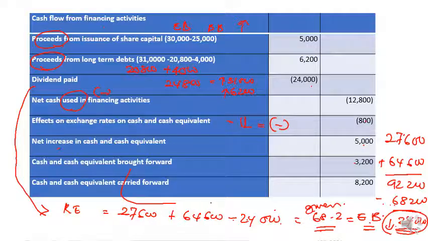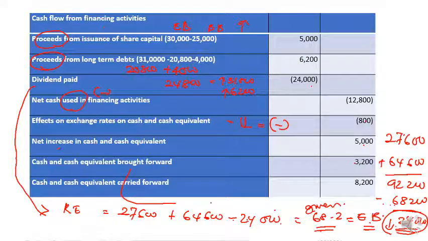You need to compare with 31. So the amount has increased to 31. The difference that you have here is 6,200. This 6,200 is an increase, so an increase here means that there is a proceed from long-term debt, 6,200. Okay, done with this one.